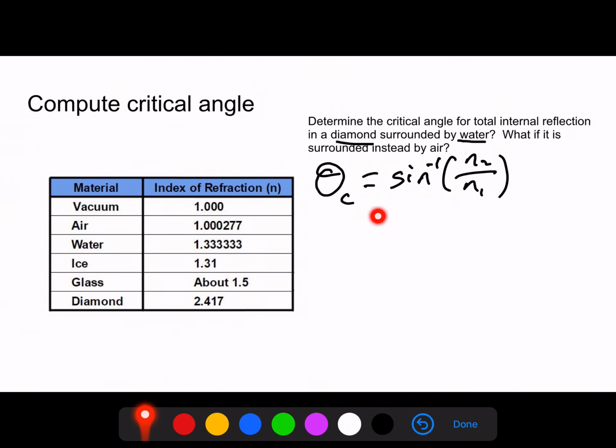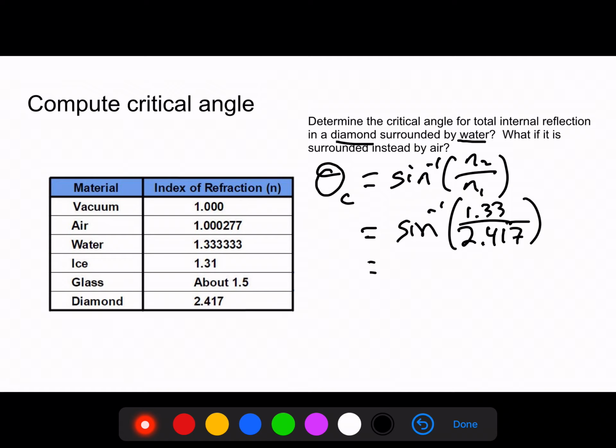Okay, so if I plug in the values here, then what I find is that the critical angle in this case is 33-ish degrees.